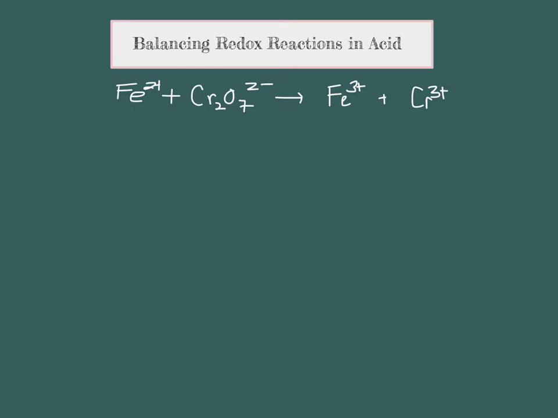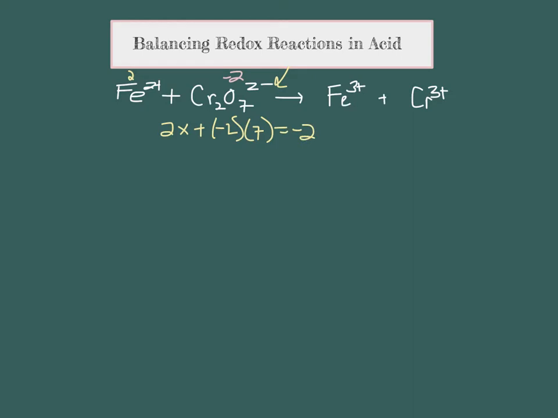This iron 2+ follows the rule where the ion is its charge, so it is a 2. The oxygen in the dichromate is going to be -2, but figuring out the chromium can be a little tough. So I'm going to make a little algebraic equation with 2x for the chromium plus -2 times 7 equals the total charge on the species, -2.